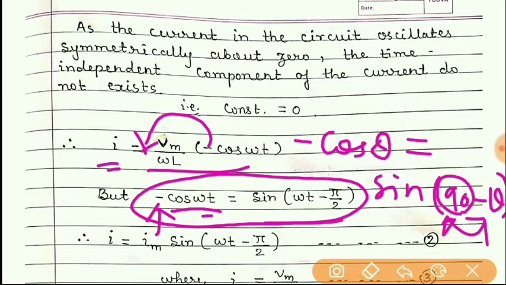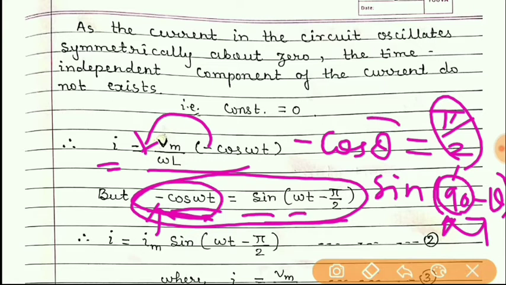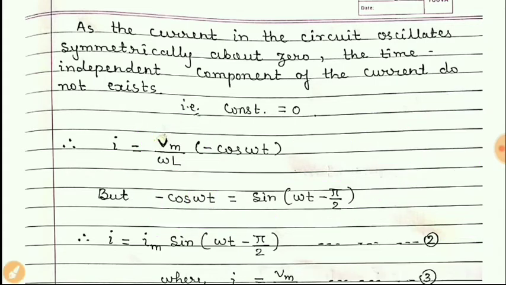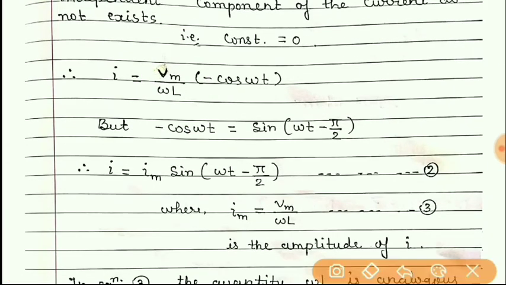This 90 means it is pi by 2 only. So in place of 90 we can write pi by 2. And so minus cos omega t is equal to sine omega t minus pi by 2. Here in place of theta it is omega t. So this is also nothing new for you. You have studied in lower standards.